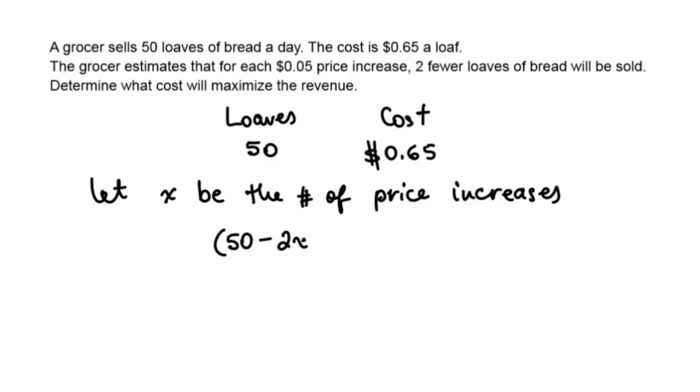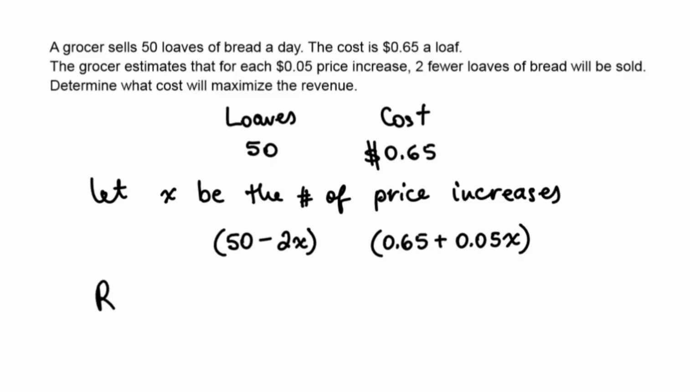So minus 2x. And then the cost will start with 0.65, but depending on the number of increases, we have a 5-cent increase each time, 0.05 times the number of increases.